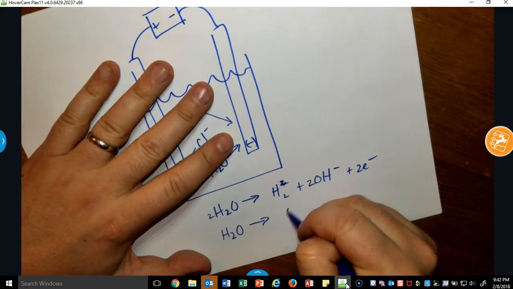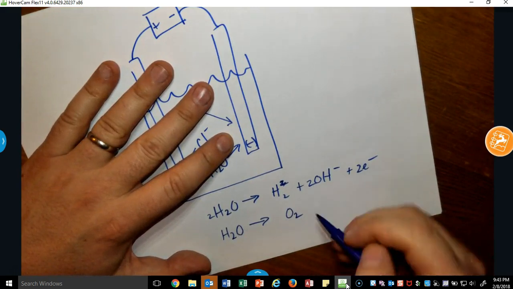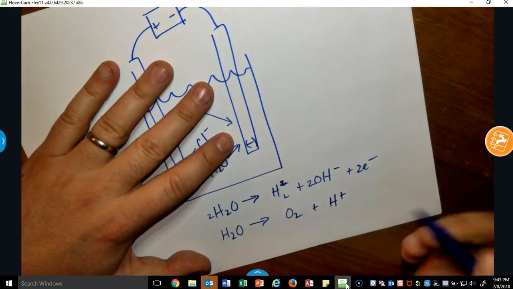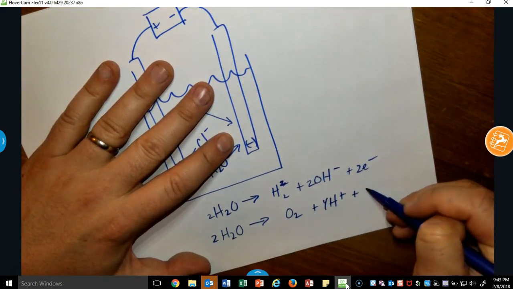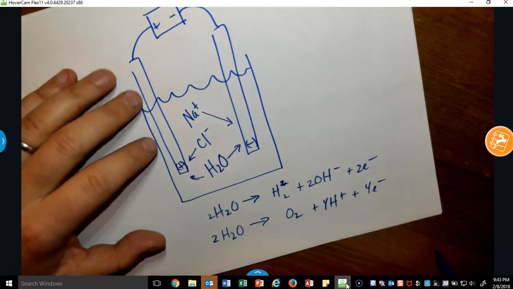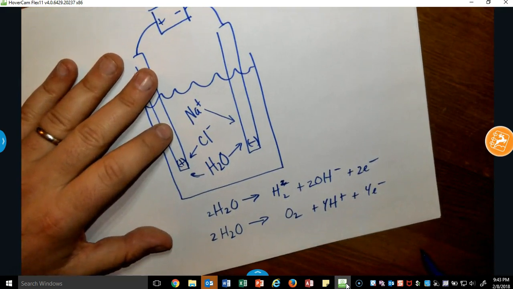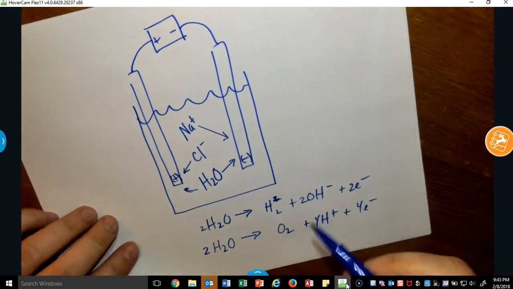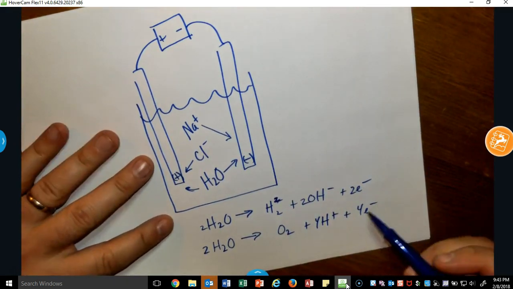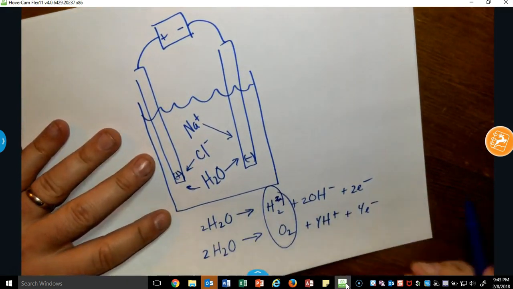And when water is oxidized, you'll produce oxygen and hydrogen ions. And that will be your equation. So the electrolysis of dilute sodium chloride will produce hydrogen and oxygen at the two electrodes.